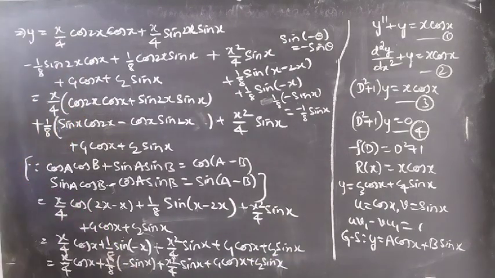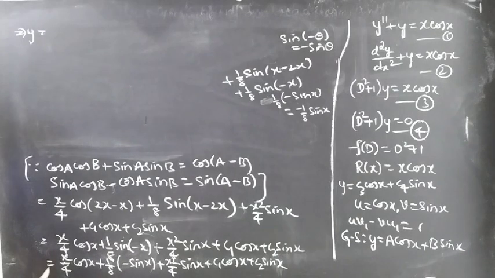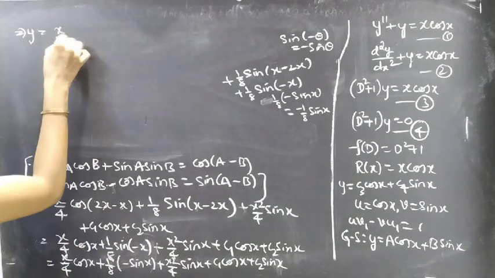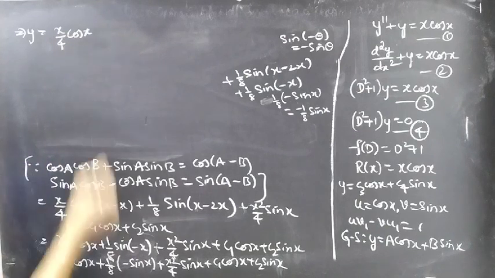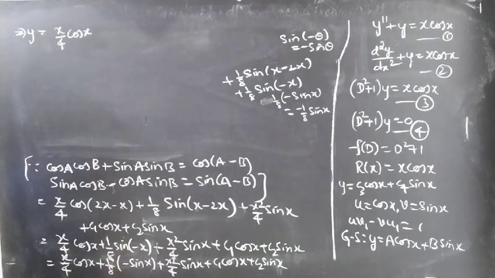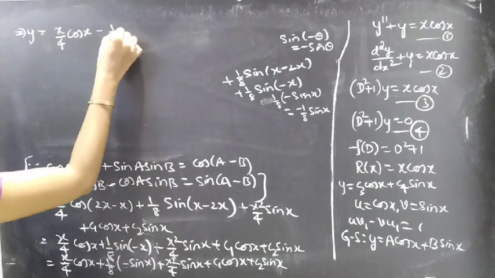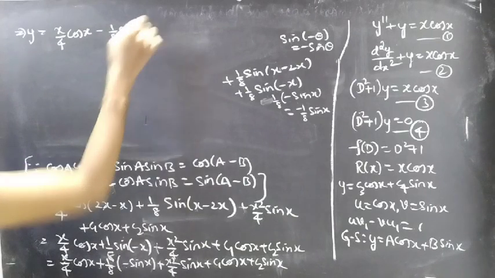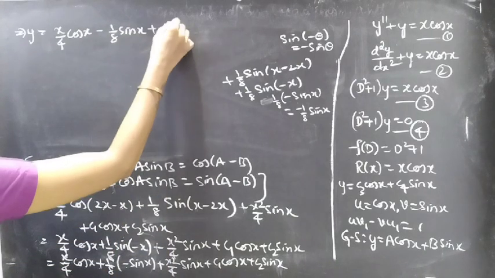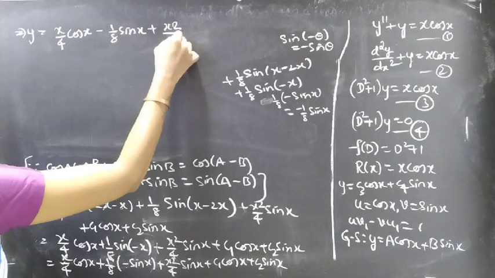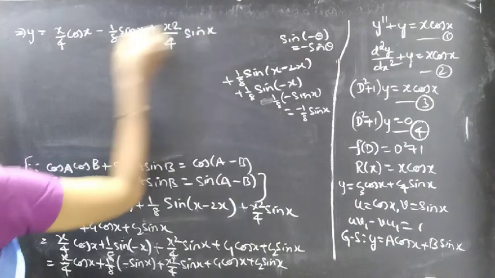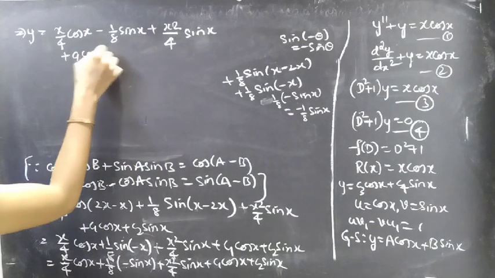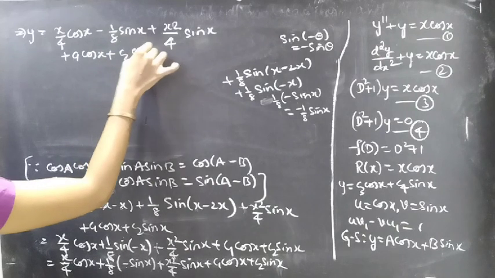You'll get the same answer. From this you'll get y equal to x by 4 cos x plus, plus into minus, minus 1 by 8 sin x plus x square by 4 sin x plus c1 cos x plus c2 sin x.